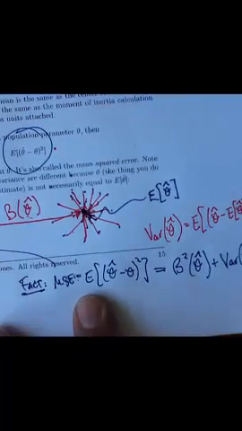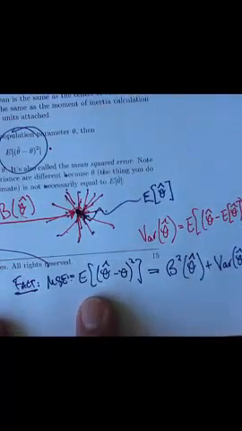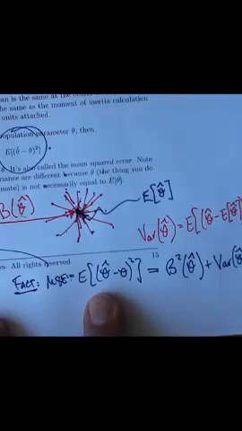If you think about that, what is the mean squared error trying to get at? It's sort of an average square deviation measurement between our estimator and the thing we're trying to estimate.